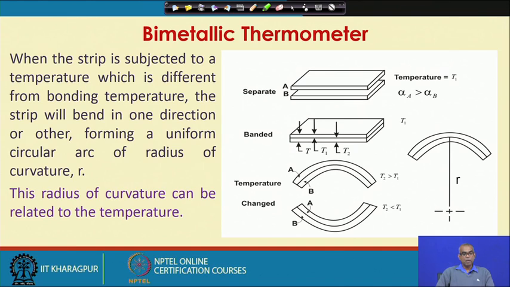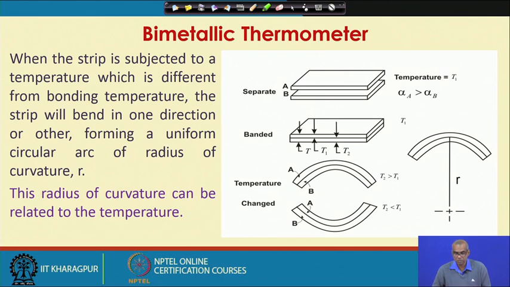When the bimetallic strip is subjected to a temperature which is different from the bonding temperature, the strip will bend in one direction or other, forming a uniform circular arc of radius of curvature r.